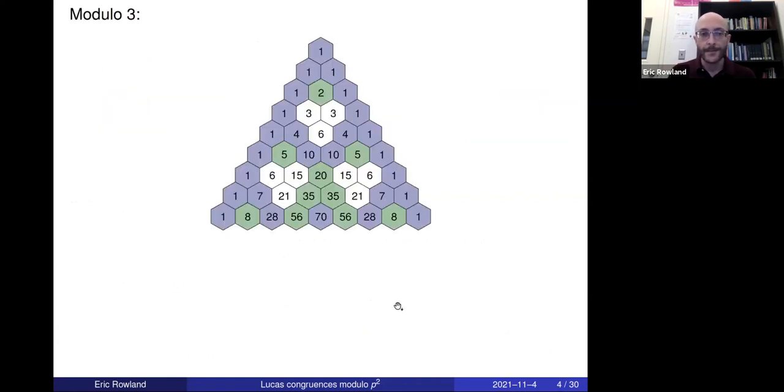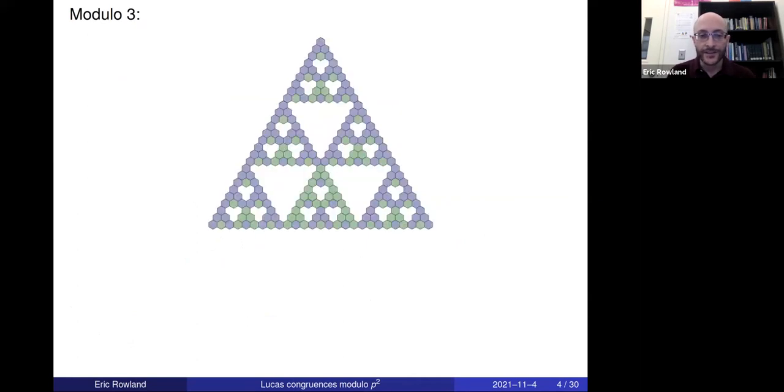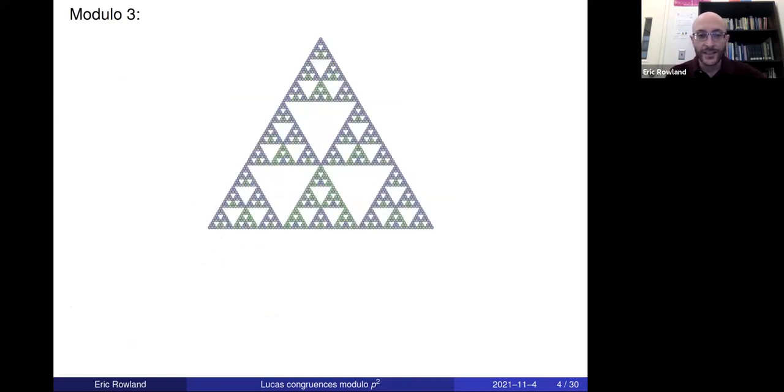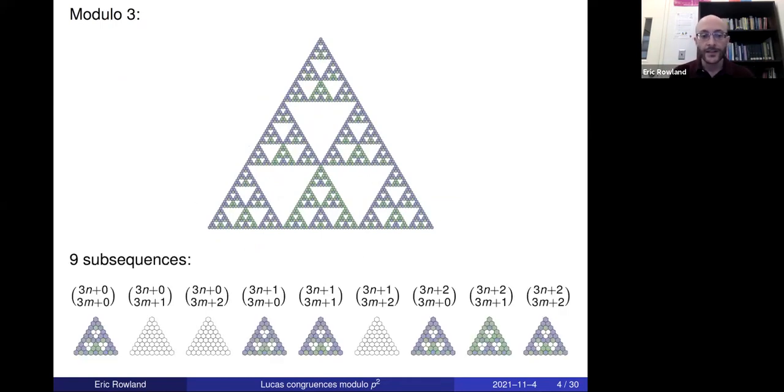And modulo 3, we see something very similar. Here we're using blue for 1 mod 3, green for 2 mod 3, and white for 0 mod 3. If we increase the number of rows, this is 27 rows and 81 rows. Again, we see some self-similar patterns here. And here we might look at 9 subsequences and notice that all of them are constant multiples of the original.